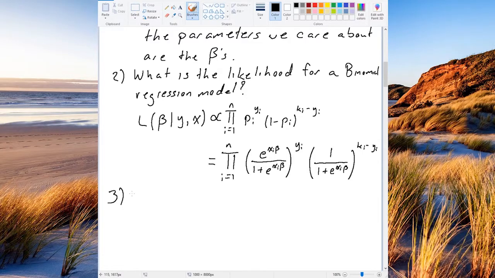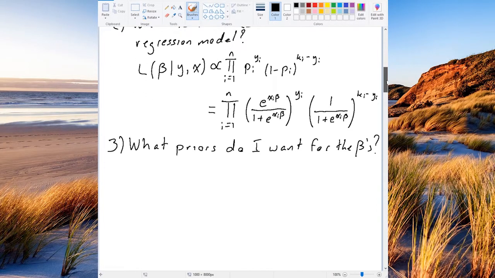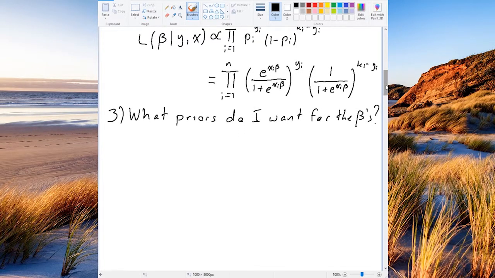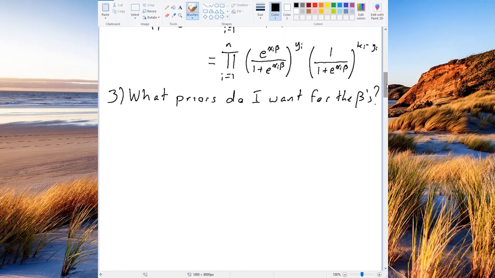What are the priors I'm going to use? So I could consider a few different types of priors for the betas, but let's think about what's going to happen in this model for certain priors. So let's start with, you know that I don't like improper reference priors very much.